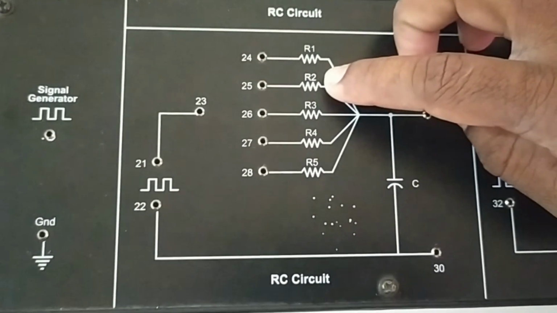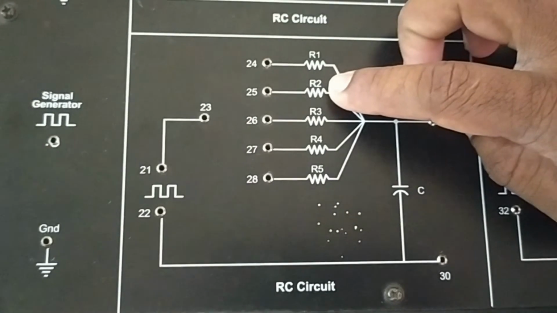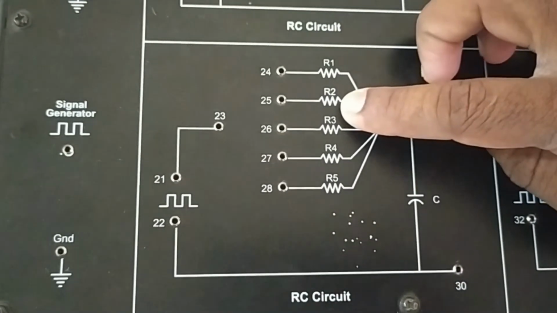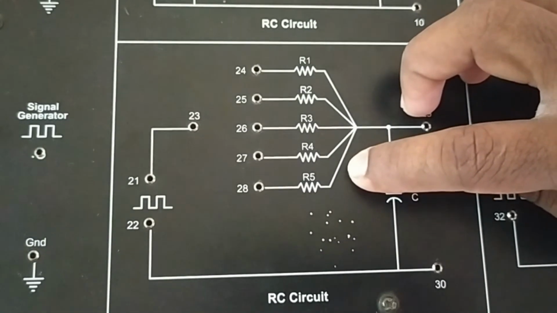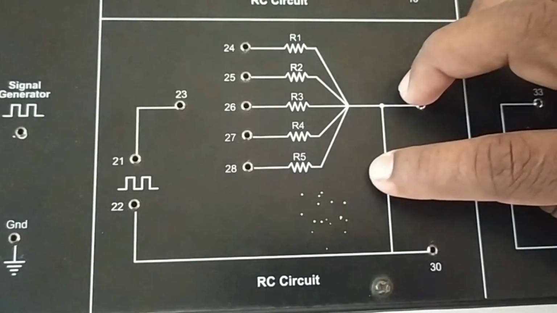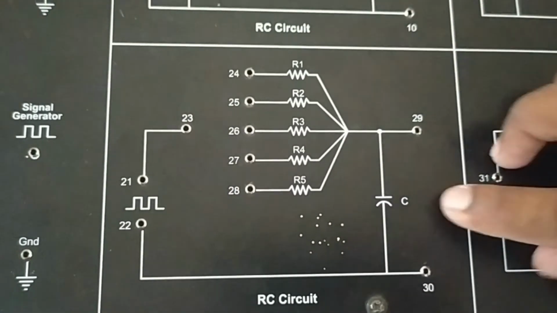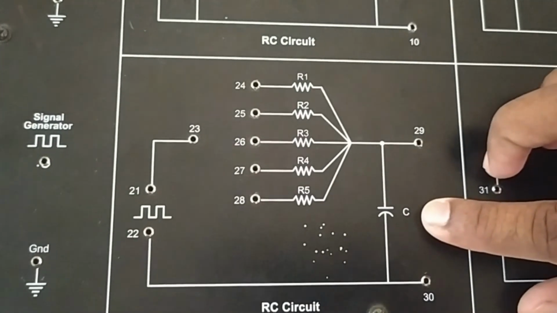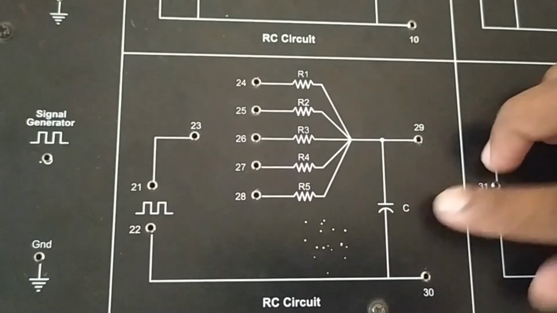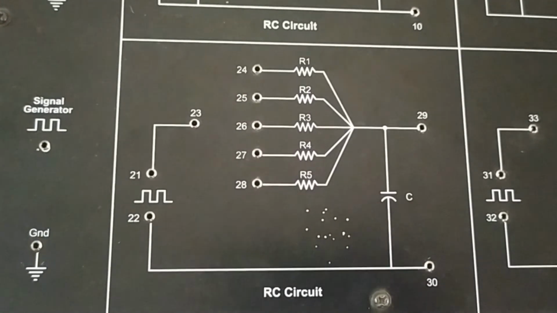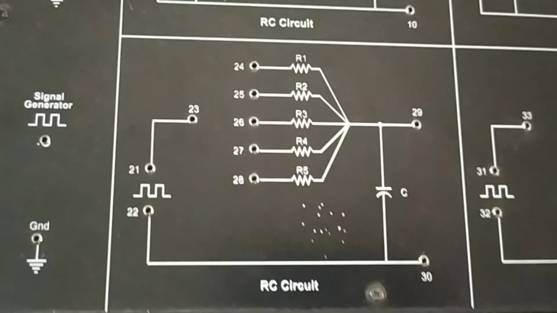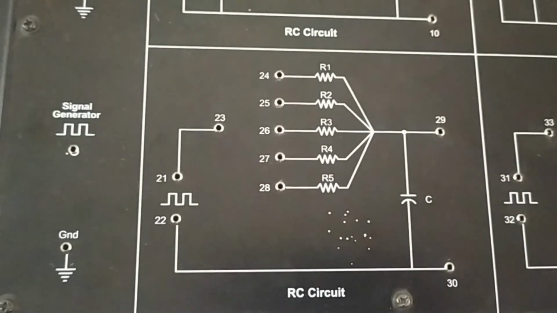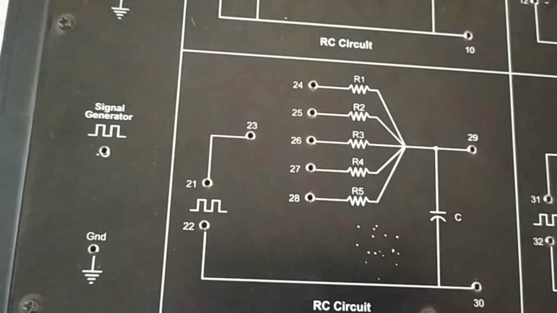The resistance value R1 is 10 kilo ohm, R2 is 20 kilo ohm, R3 is 3.3 kilo ohm, R4 is 5.1 kilo ohm, and R5 is 6.8 kilo ohm. The capacitor value is 1000 microfarad. In this experiment, we will observe the variation in the voltage across the capacitor because of the influence of resistance.